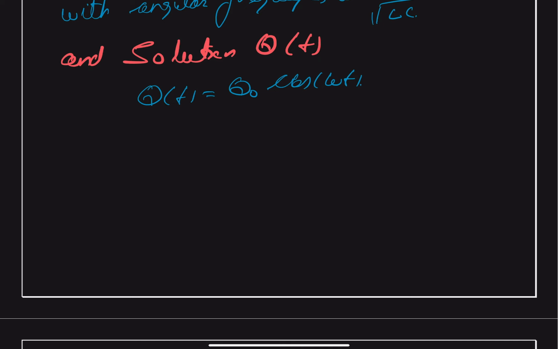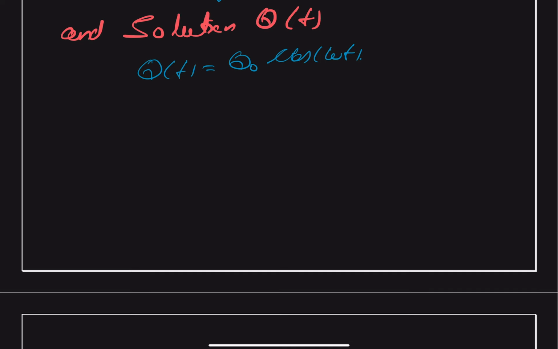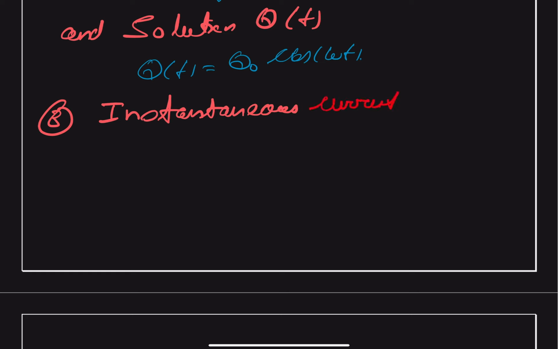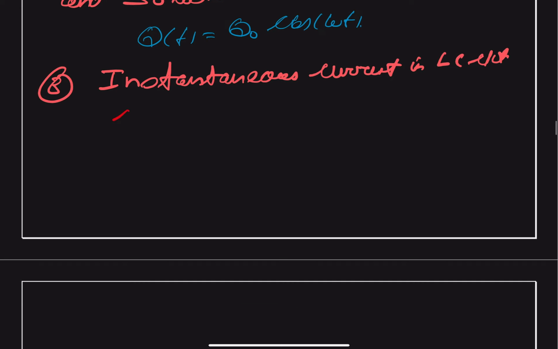And now we come to our C part. We have to find the instantaneous current in the LC circuit at t greater than 0, the third part.